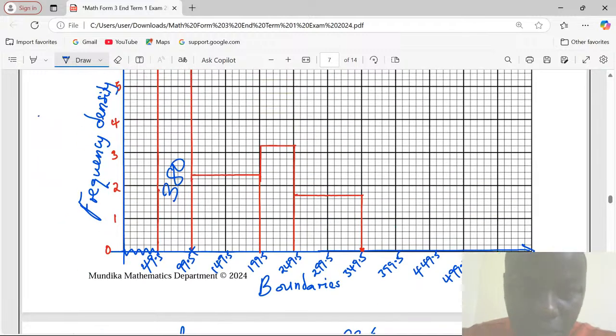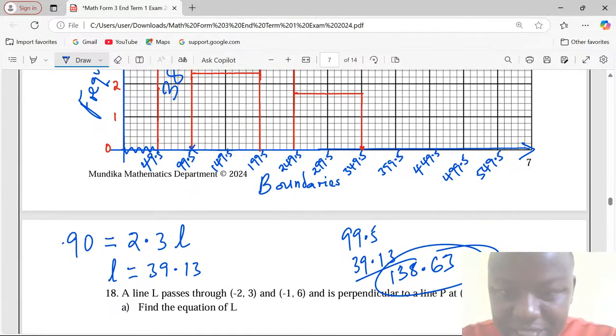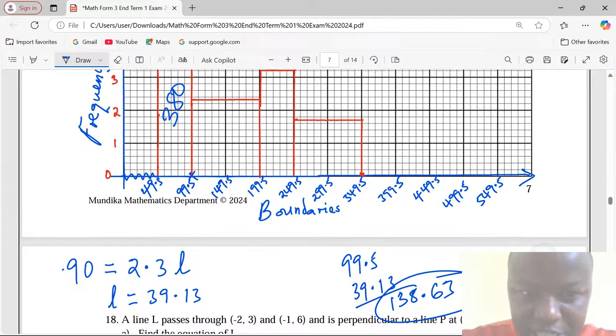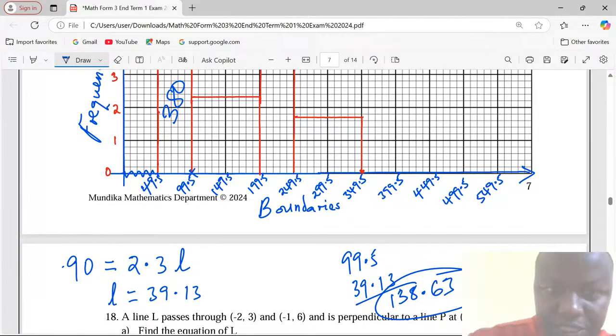But now on the diagram, where is the point 138.63? That is where we draw our vertical line. We have 5 small squares representing 50 units. What about one small square? It will represent 10.